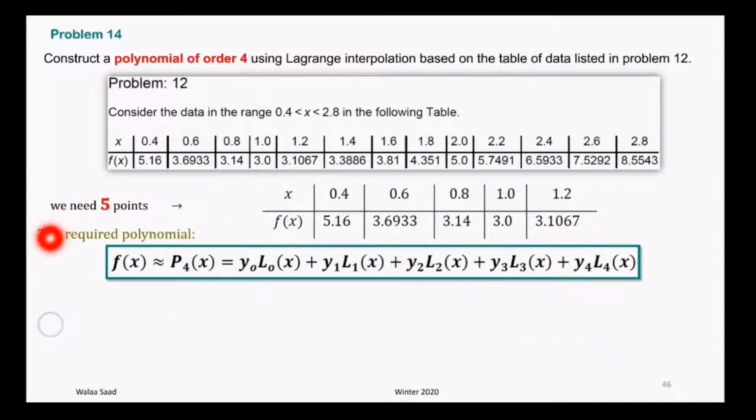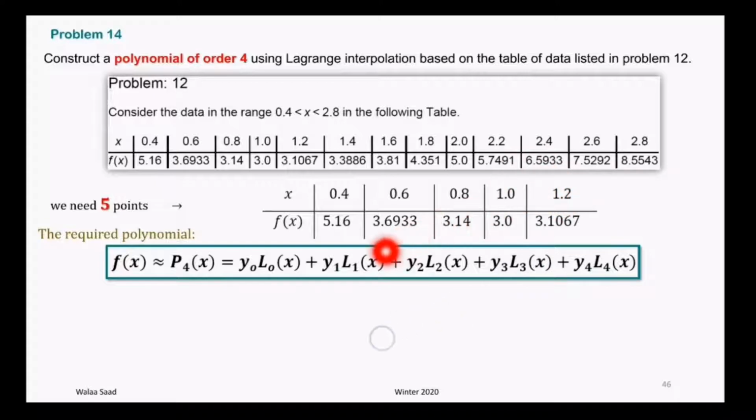What is the next step? Yes, it's to compute and derive the L0, L1, L2, L3, and L4. Start with L0, where we will avoid using the x0 in the numerator and then use it successively in the denominator. So the numerator of L0 is the product of x minus all values except x0. x minus 0.6, x minus 0.8, x minus 1, times x minus 1.2.